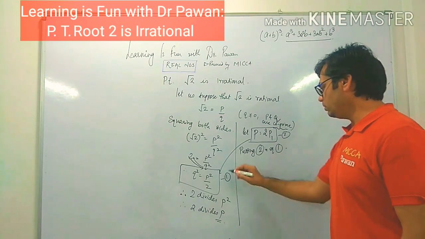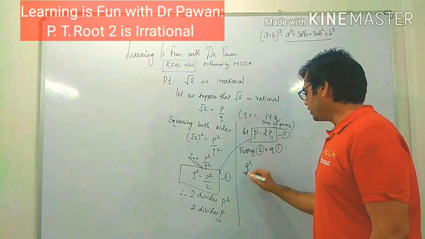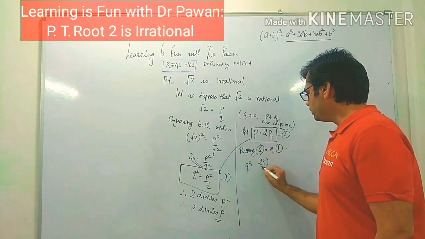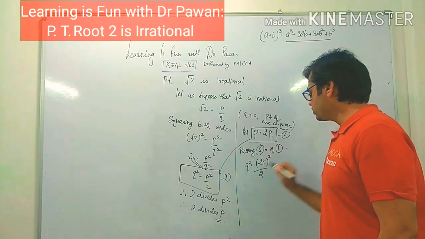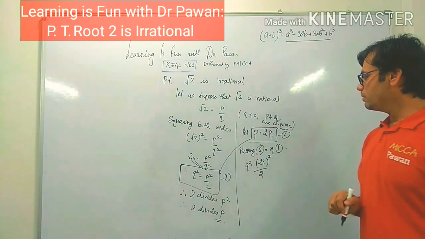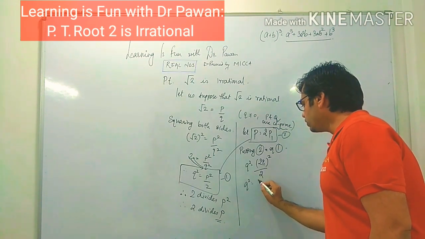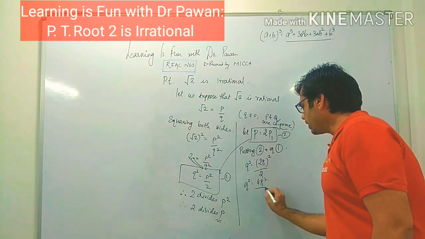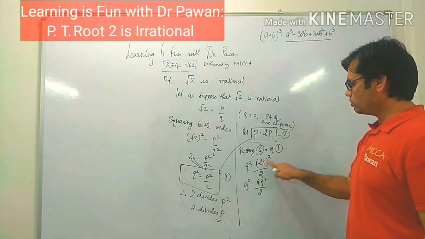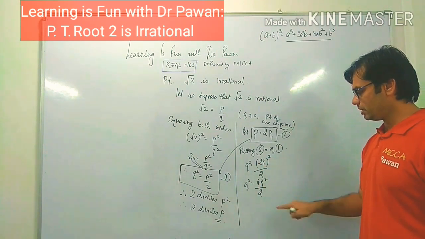Here you have q square equal to 2p1 square upon 2. So instead of p, I have put 2p1. So q square equals 4p1 square by 2. 2 square is 4, p1 square is p1 square.